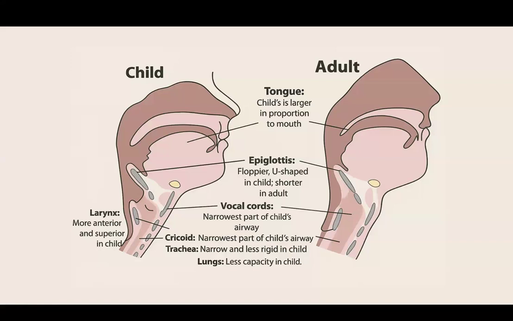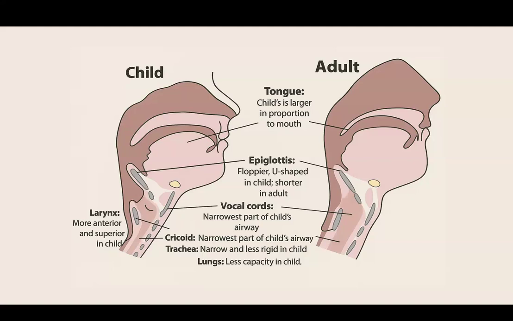Those differences persist until the child reaches age 8. 90% of pediatric patients will have airways similar to adults, but from day 1 till age 6 they start changing, and they finish changing by age 8, so they have major differences.